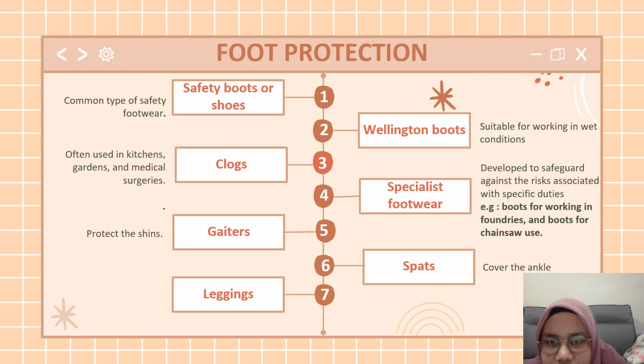Then the specialist footwear that is developed against the risk associated with specific duties, such as boots for working in foundries, or when you're using the chainsaw. The next is gaiter and spats to cover the ankle and leg.